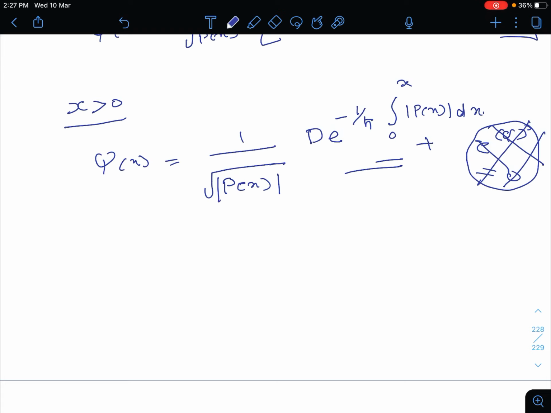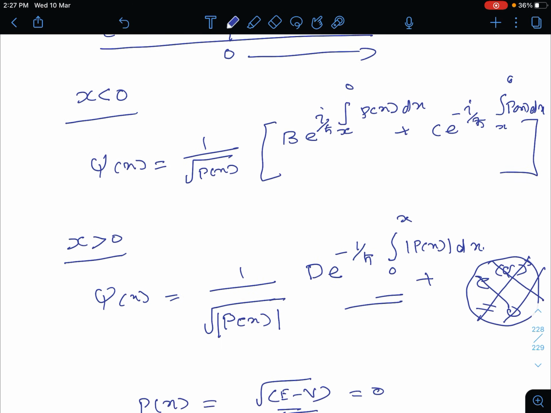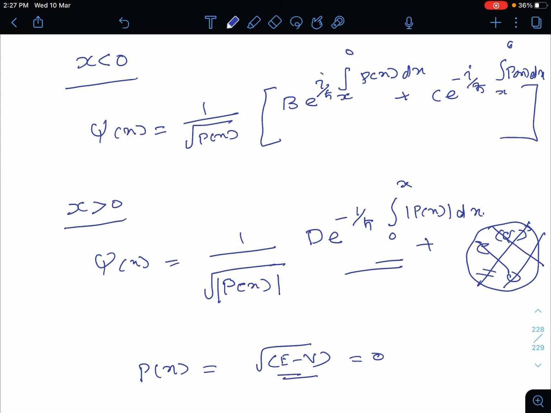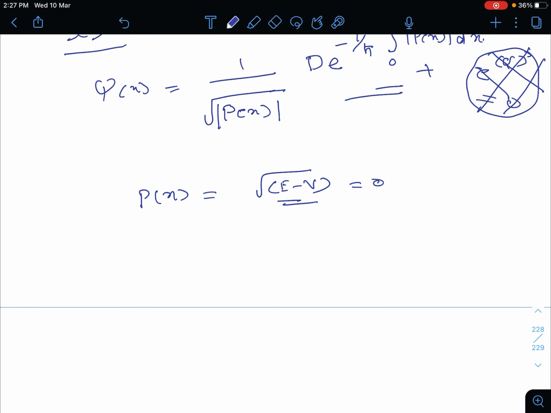At that point there is trouble, because p of x is proportional to root of E minus V. If E is equal to V, p of x becomes 0, and in both cases you have p of x in the denominator, so the entire function explodes, 1 by 0 becomes infinity. So the wave functions will not yield a definite value at the point of intersection. That's a problem here.